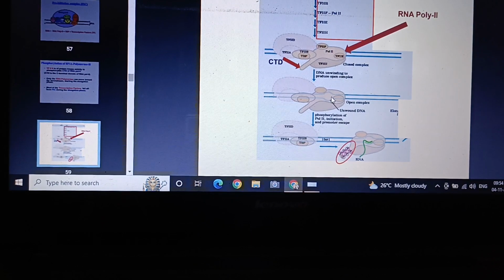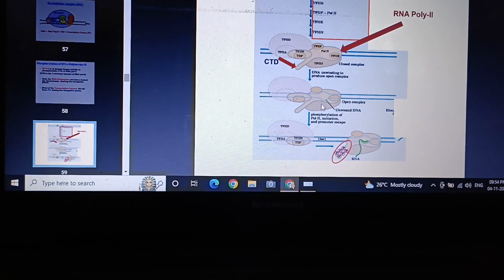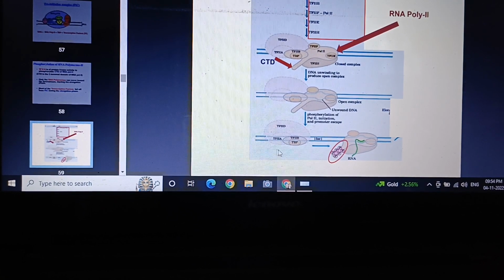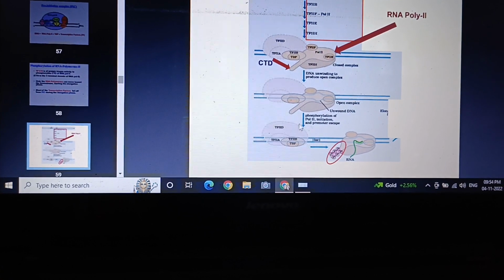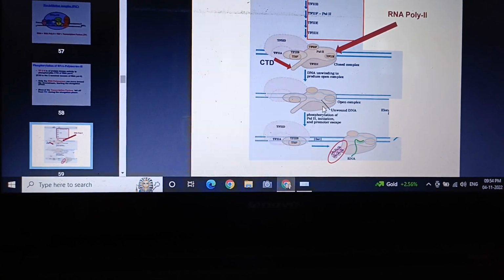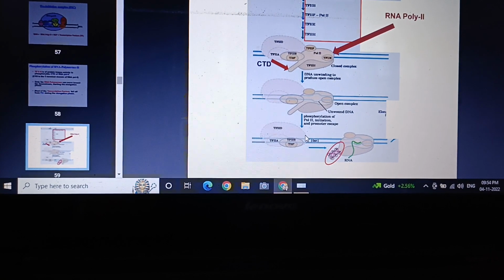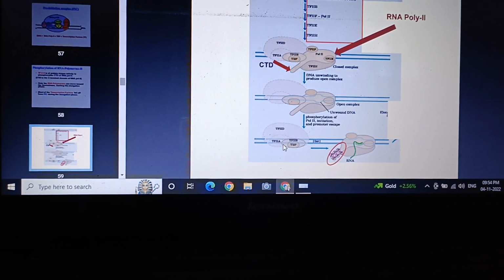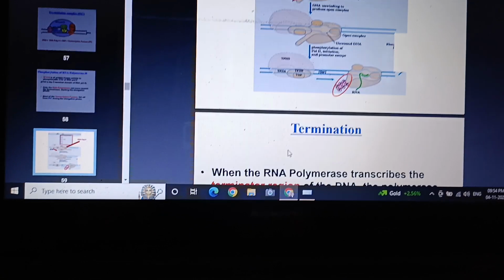See, the double strand will unwind, it will open up, and then what will happen? Here, altogether, this is your transcription factor. Initiation takes place and elongation will move on. Automatically the transcription factor moves away from your RNA polymerase. After that, the elongation will automatically start.